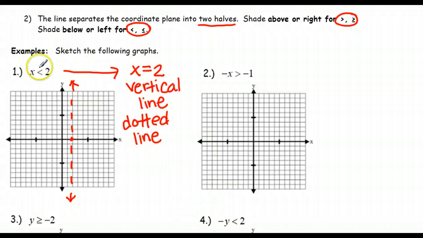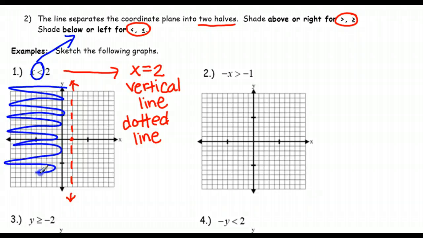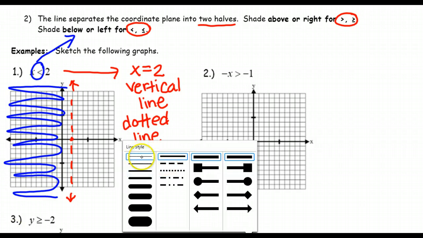In this problem, this is a less than symbol, so I need to shade below or to the left. So we are going to shade everything over here. And what that means is that any ordered pair in that shaded area is a solution to the inequality x is less than 2.